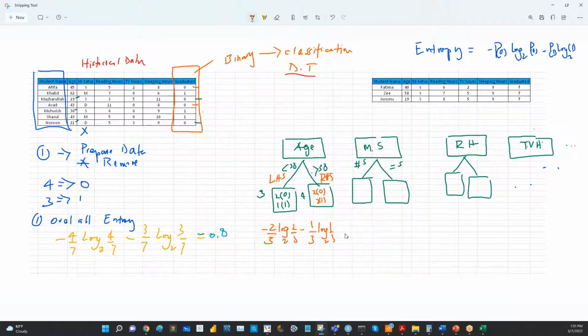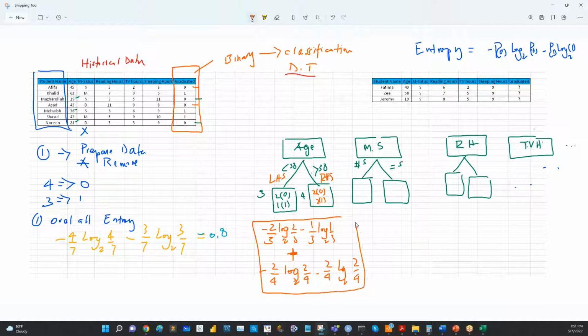And the right hand side is going to be minus 2 over 4 log base 2 of 2 over 4, minus 2 over 4 log base 2 of 2 over 4. So this is the formula of the entropy.